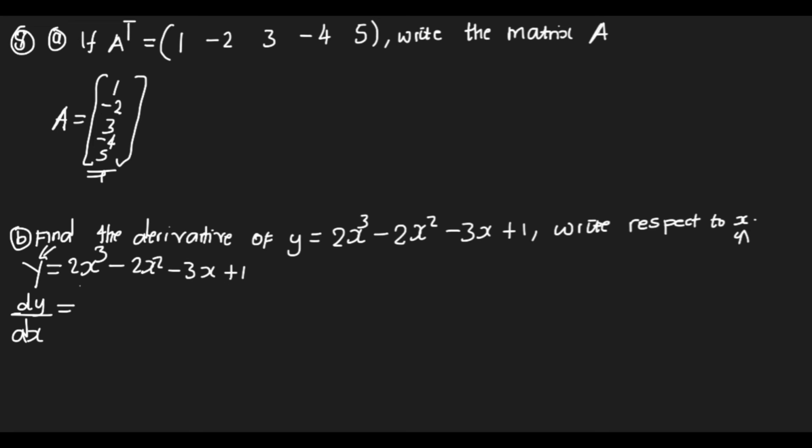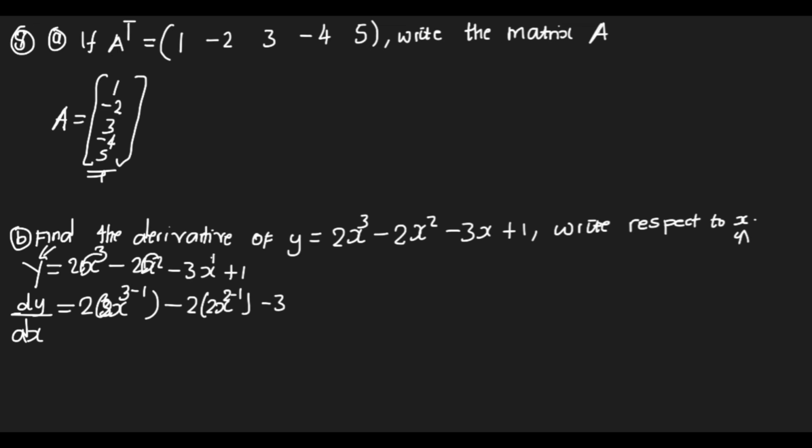Then we are going to use the power rule. So how do we use the power rule? We move the 3 to the front of x, so this becomes 3x raised to the power 3 minus 1. Minus, we write the constant 2, then we bring our 2 down, so we have 2x raised to the power 2 minus 1, minus 3.